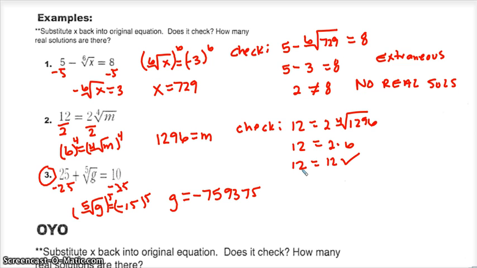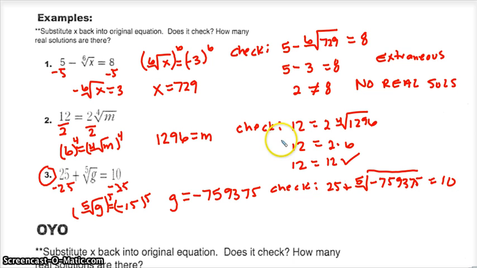Now it's time to check our answer. I plug it back in. 25 plus the 5th root of negative 759375 equals 10. 25 plus, and remember, I can take the odd root of a negative number, so 25 plus negative 15 equals 10.